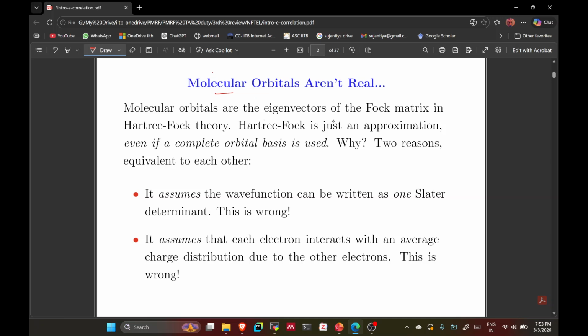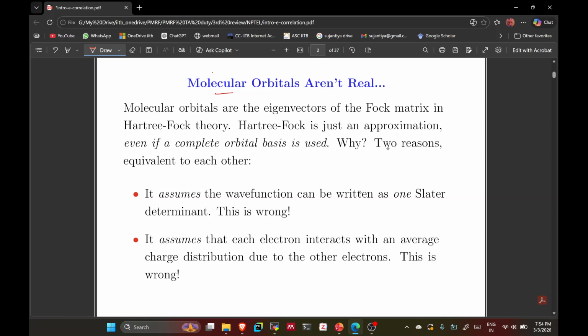Molecular orbitals are the eigenvectors of the Fock matrix in Hartree-Fock theory. Hartree-Fock is just an approximation, even if a complete basis set is used, right? So you have already learned that Hartree-Fock is an approximation because Hartree-Fock seeks the best determinant possible for the ground state or whatever state you are interested in, right?